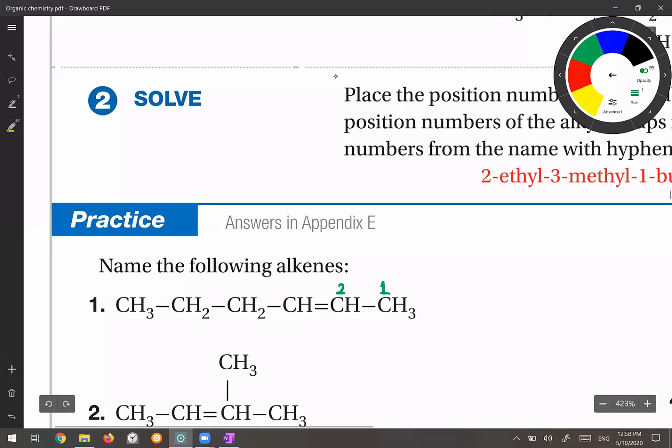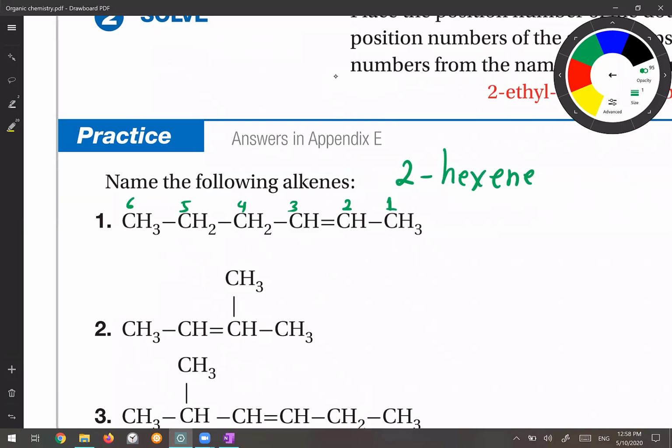So this is carbon number 1, 2, 3, 4, 5, 6. So the alkene with 6 carbon is hexene, E-N-E, but the position of the double bond is on the second carbon. So I have to mention 2-hexene.